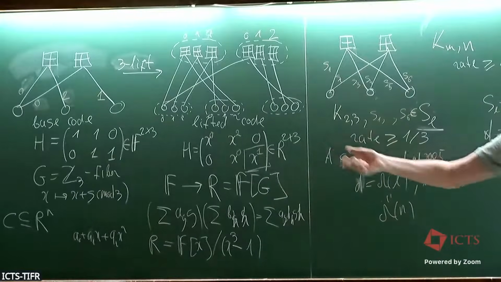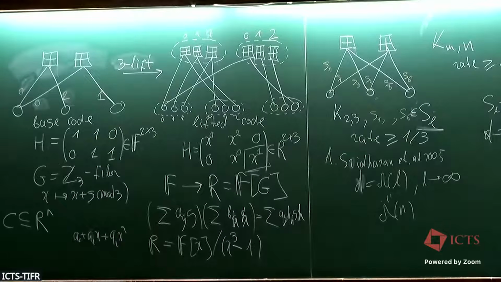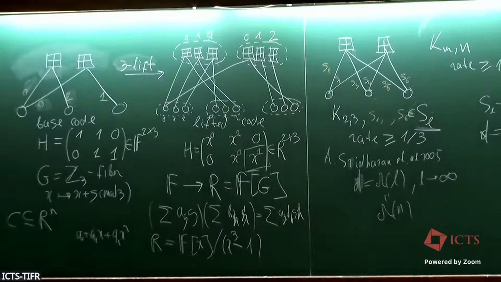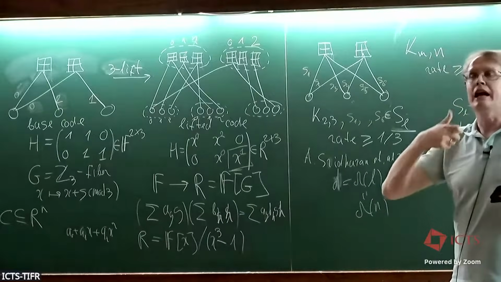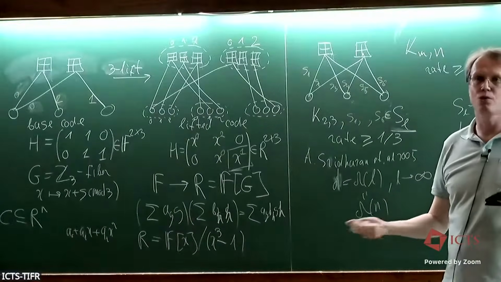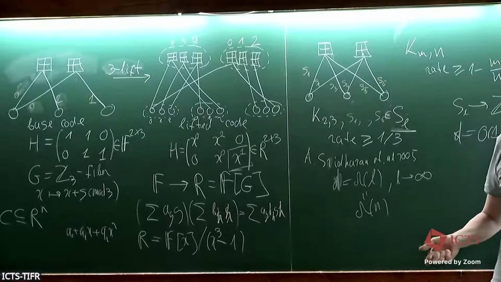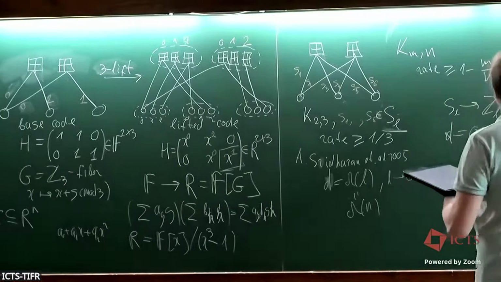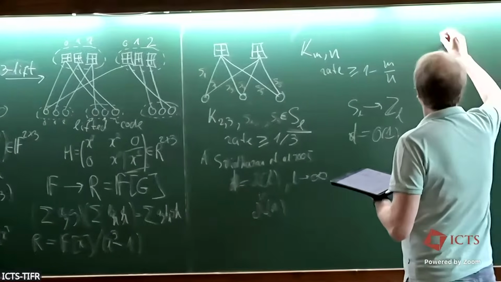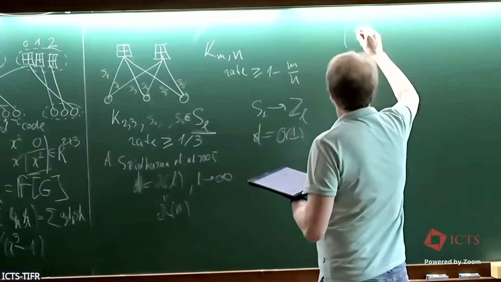Is there any method that allows you to give a non-zero code word from the matrix? Any analytical method? Do you know of any? Okay, let me show you one. It's very simple. We just use this matrix.